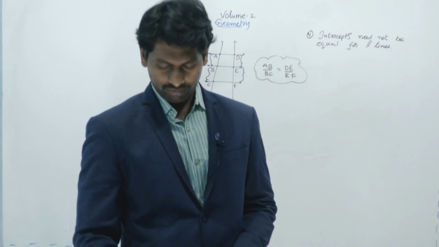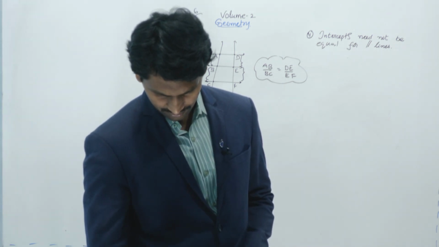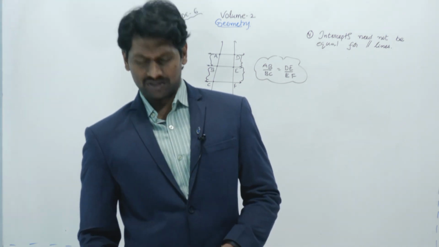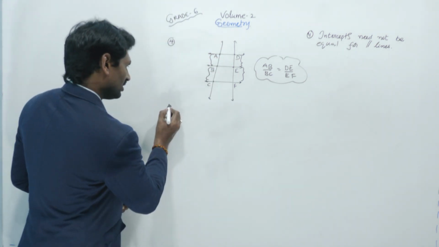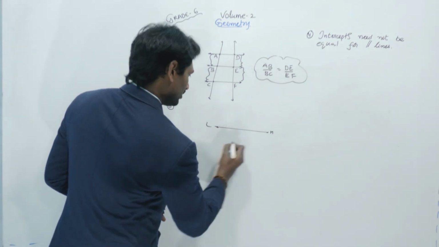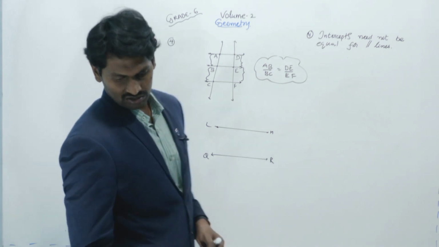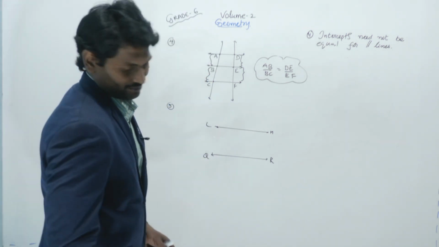Next, coming to question number 5. LM is parallel to QR. The diagram is given.